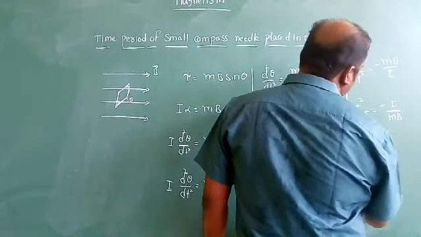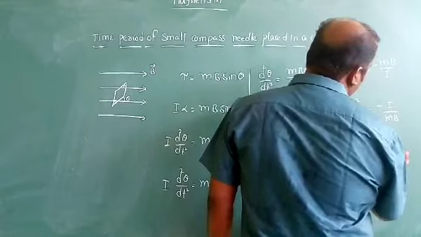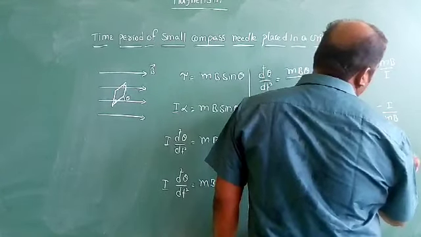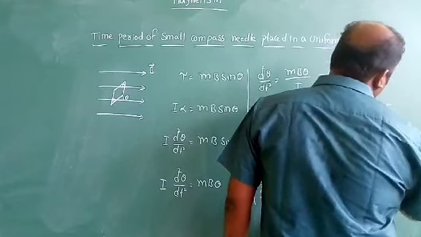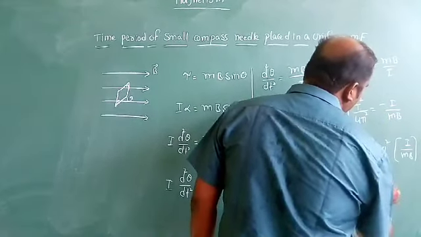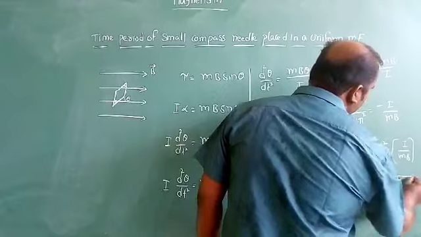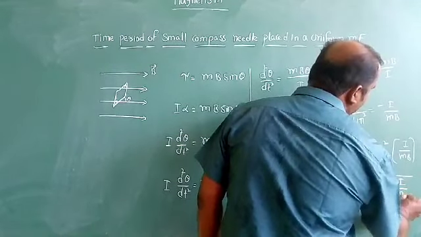And finally, T square is equal to 4 pi square into I by mb. And finally, T is equal to 2 pi into square root of I by mb.